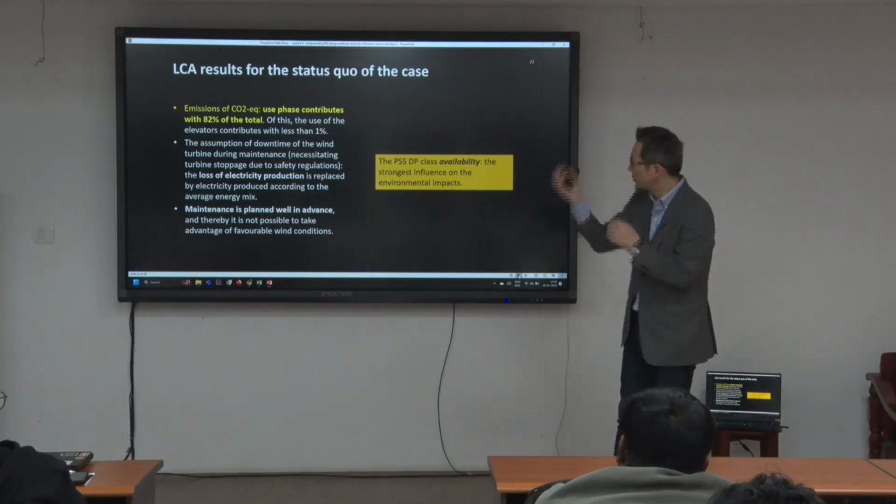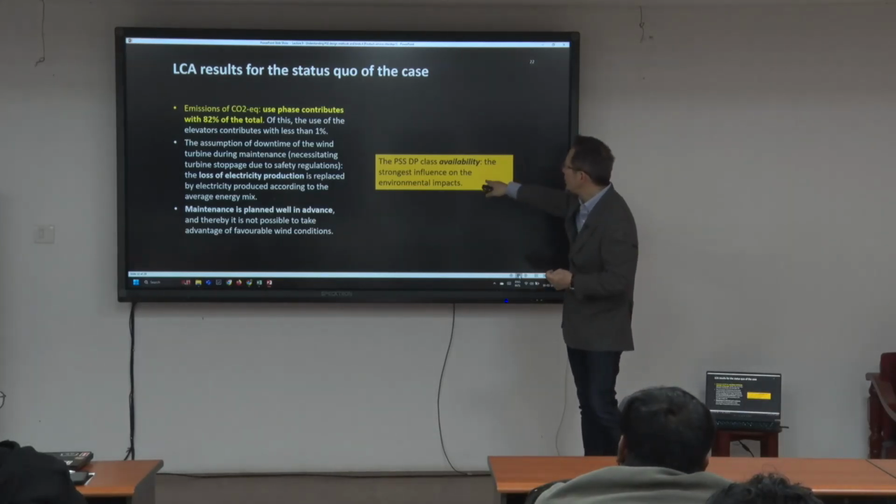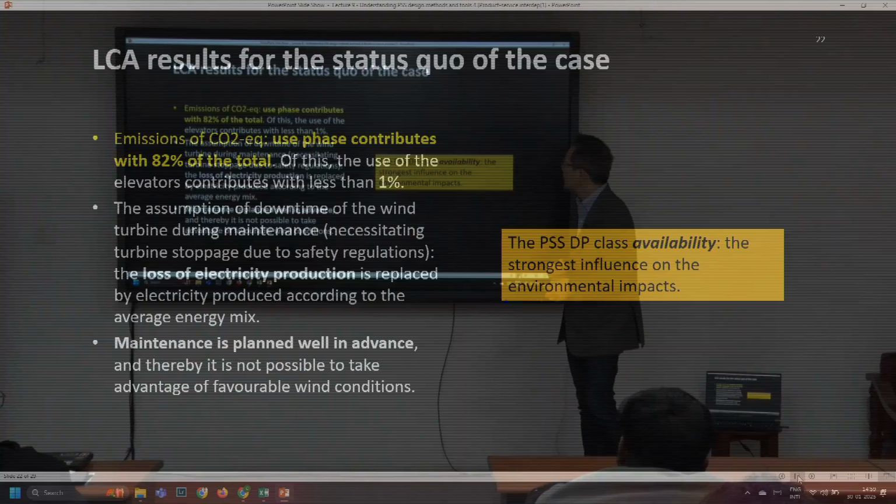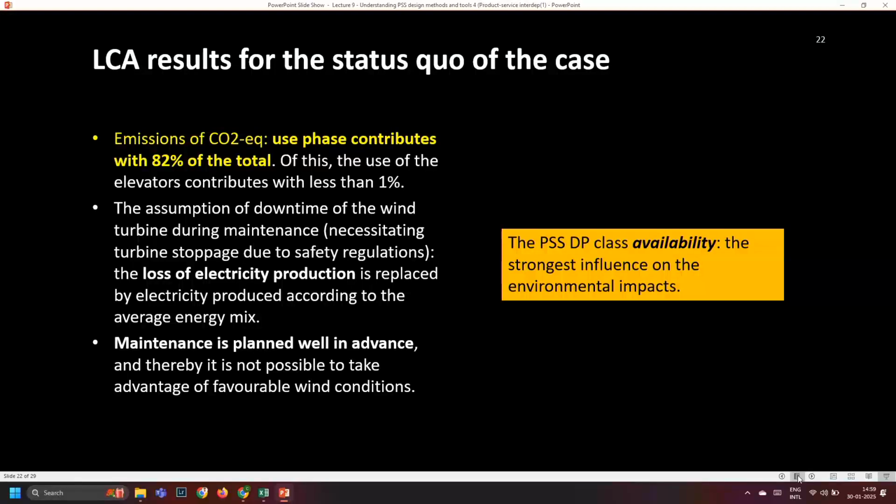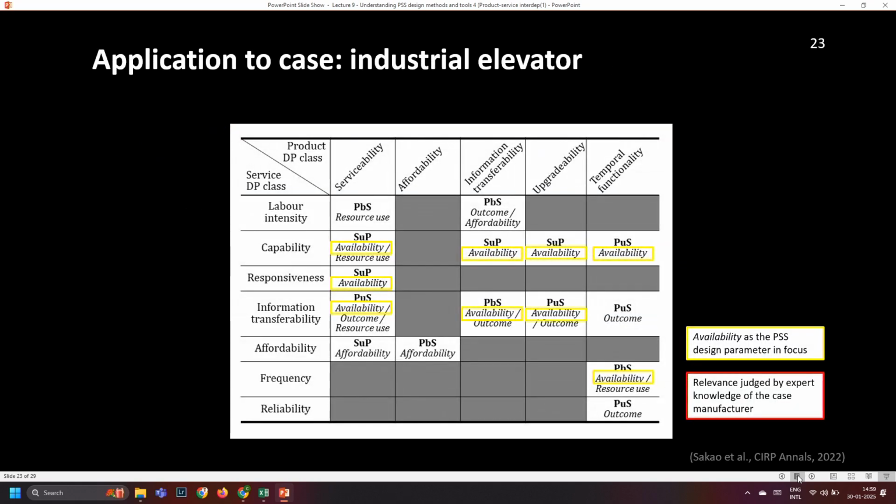Okay, so that's the sort of logic, and therefore we learned from the assessment of this case that for this PSS, in terms of the PSS design parameter, availability at the high level is a very important parameter.